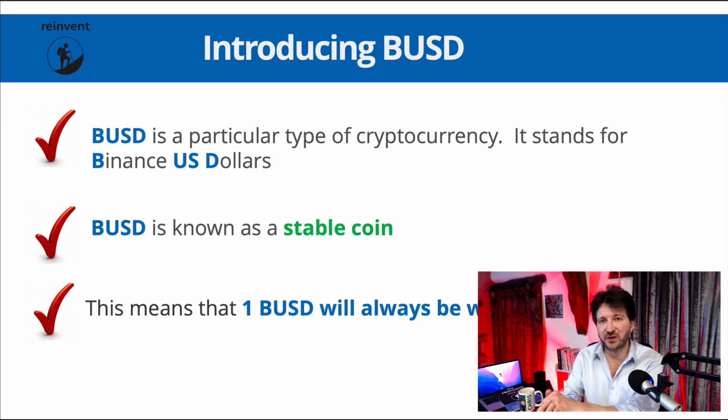So if you essentially want to hold dollars in PancakeSwap, you would buy BUSD, and you wouldn't have to worry about the fact that your crypto may be going up or down, because you'll know that it's always $1.